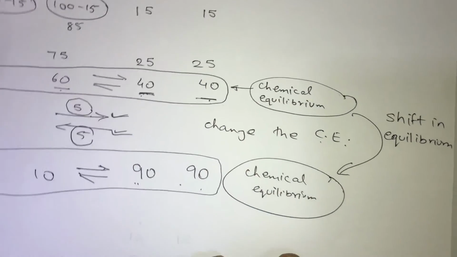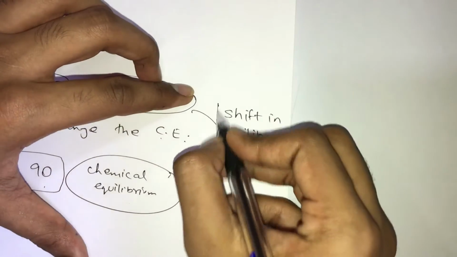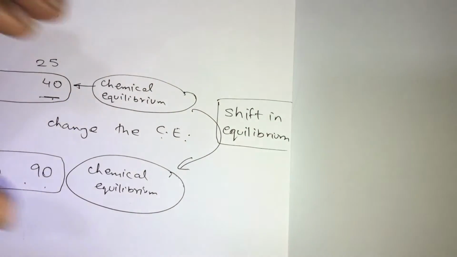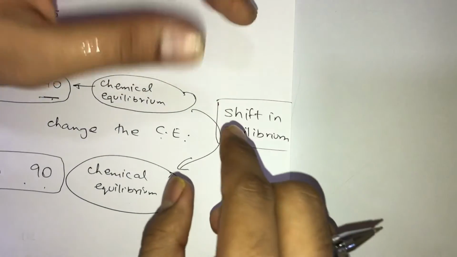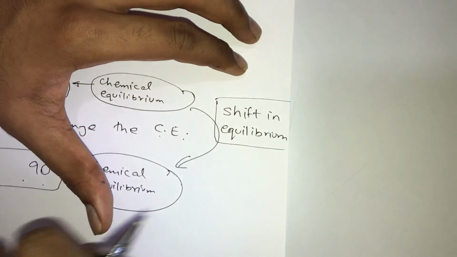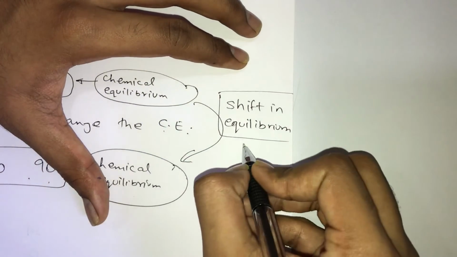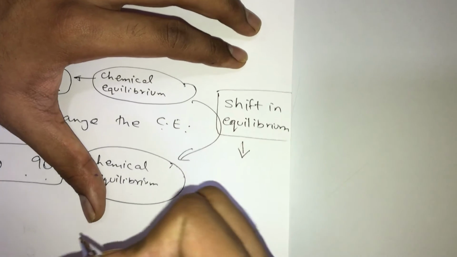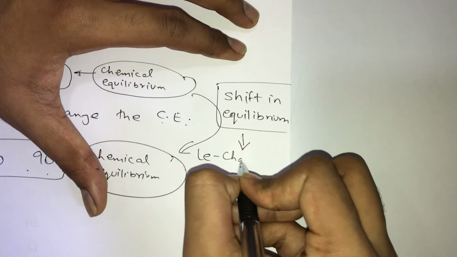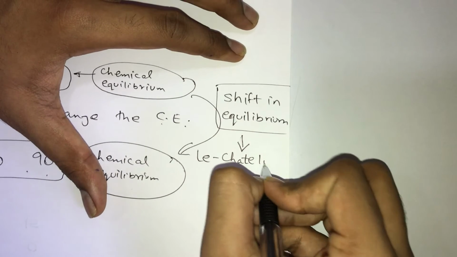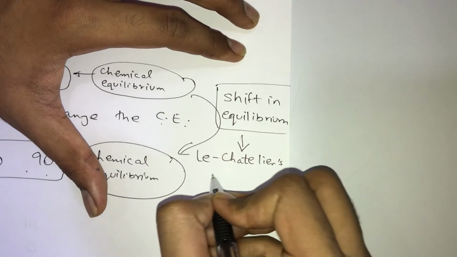Now how are you going to bring about a shift in equilibrium? How are you going to change the chemical equilibrium? You are going to make a shift in equilibrium with the help of Le Chatelier's principle.